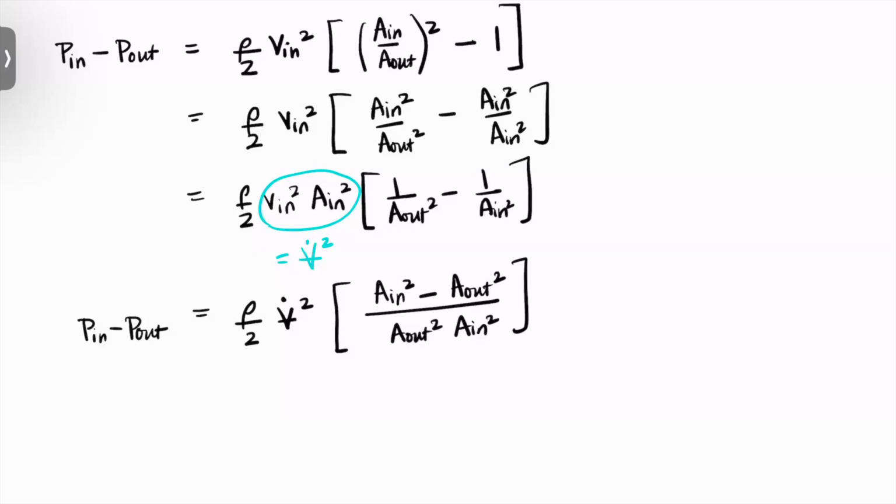In the lab handout, this is called delta P, so I will call it delta P for now, but if you are confused about whether it's P in minus P out or P out minus P in, now you know.